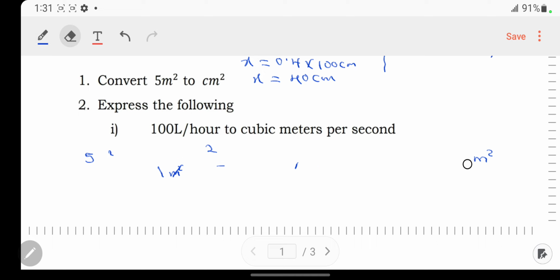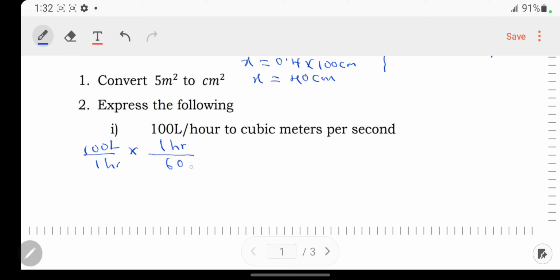For our second problem, let's convert 100 liters per hour to cubic meters per second. So how are we going to do that? We have 100 liters over 1 hour, then times. Let's first convert this hour into seconds, which they want. We have 1 hour on top since the hour is at the bottom, over how many minutes make up an hour?